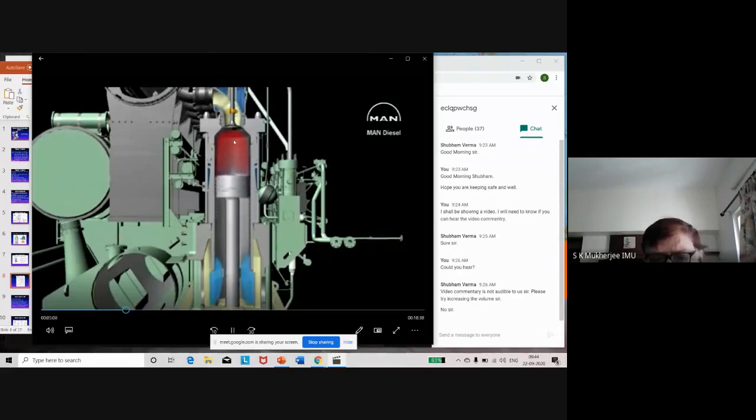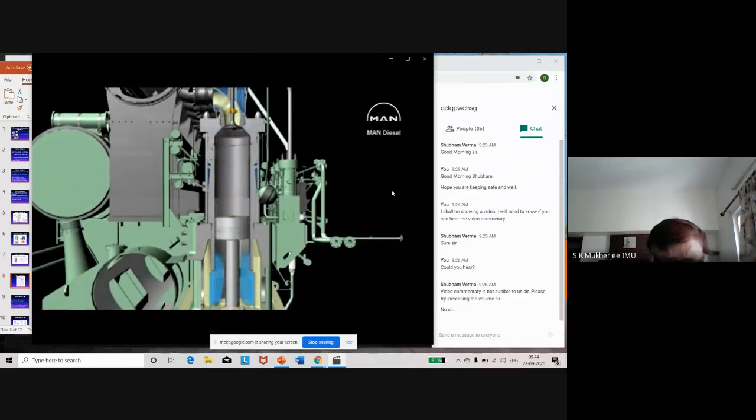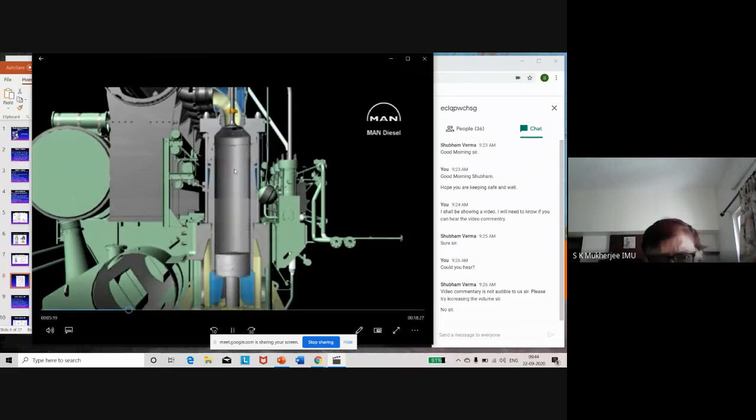Again, compression takes place. This is a two-stroke engine, remember. And the air pushes out exhaust gases.